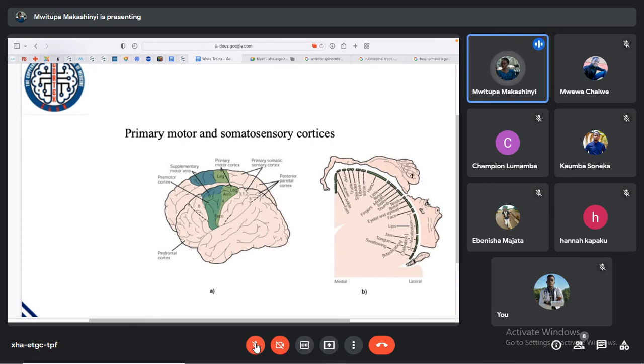The way it's organized is your lower limbs are more medial, the control is more medial, and then as you go laterally, you've got the hands, upper limb control, and then the face, lips, tongue, jaw, and so on as you go laterally. Like I said, it's just an introduction. That's pretty much all you need to know about the motor cortex.